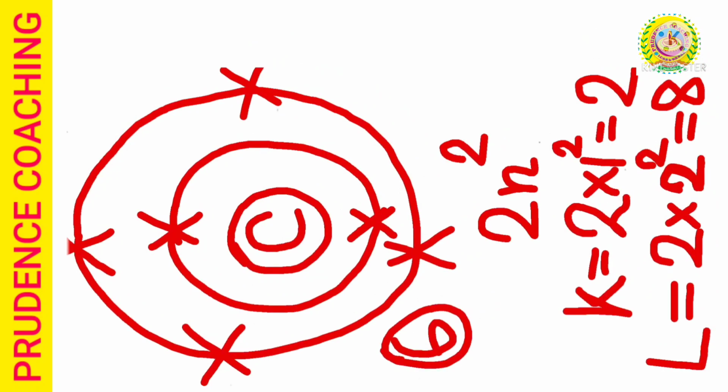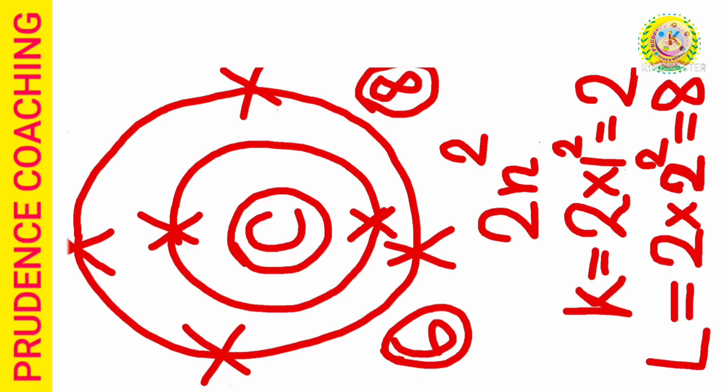Now, to attain the octet, what will carbon do? Carbon has 4 electrons. To attain octet, it must have 8 electrons in the outermost shell, but it is only 4. So what are the two options left with carbon?